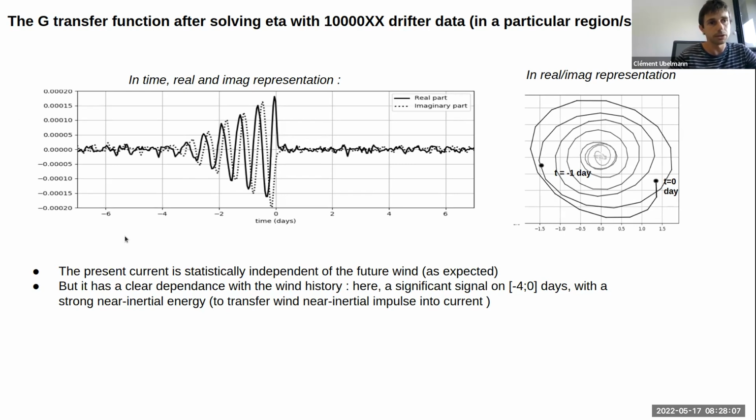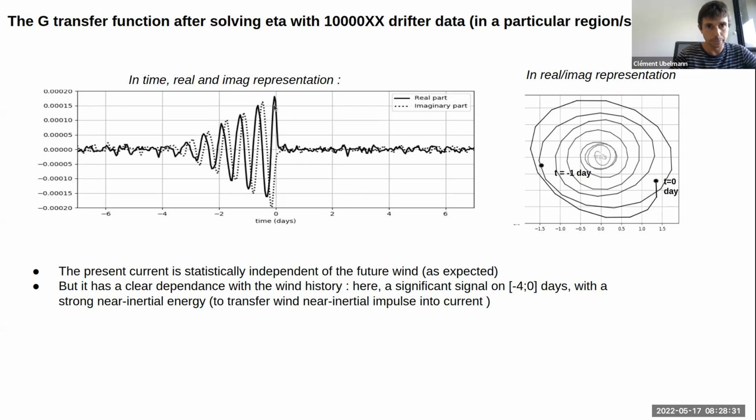So we resolve the convolution function between -7 and +7 days. And what we found is noise in the positive time, so that means that the future wind does not have a statistical impact on the present current. And then in the past, we have this dominance.